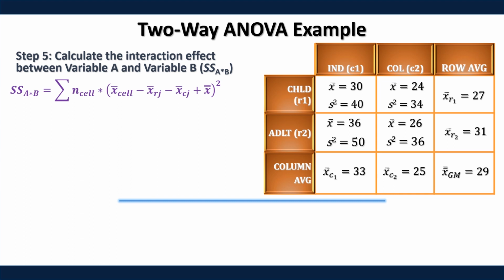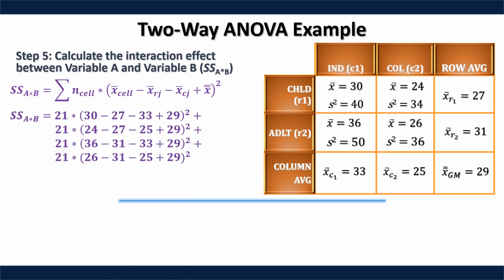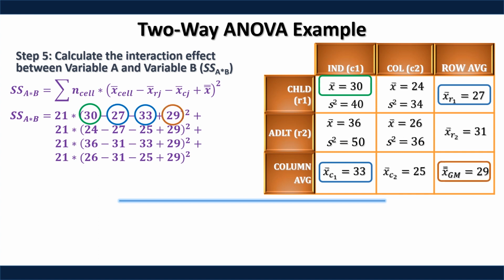For example, for row 1, column 1, which represents individualist children, you would take the mean of the cell, 30, subtract the row average of 27 and the column average of 33, and add the grand mean of 29. You would then multiply that resulting value by 21, the sample size for that cell.